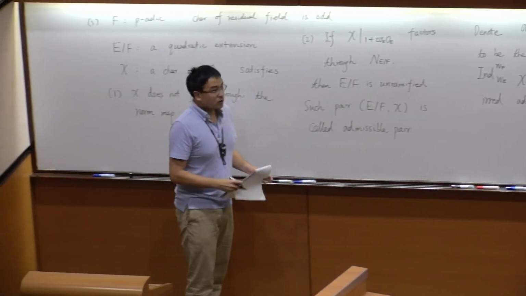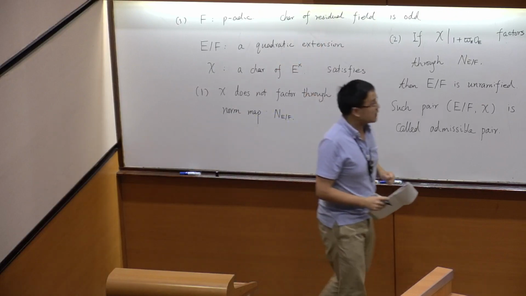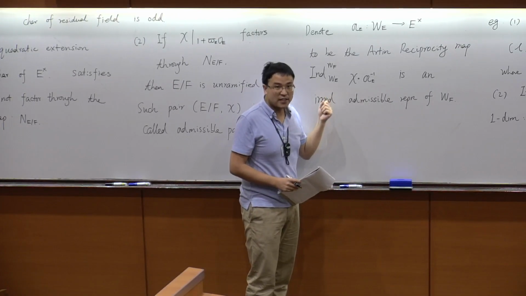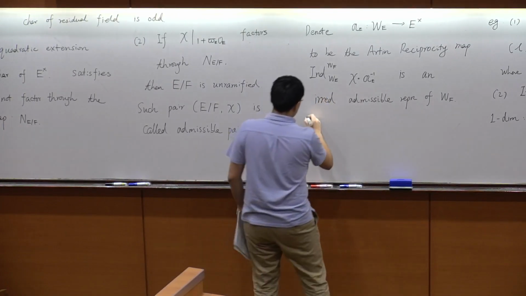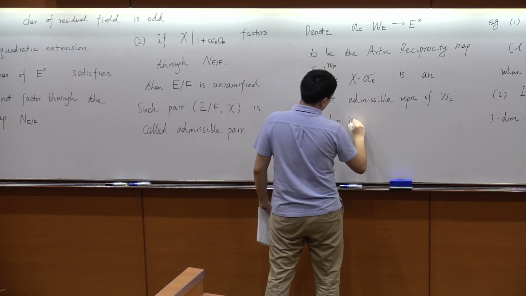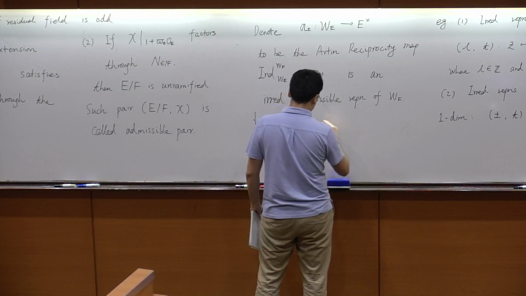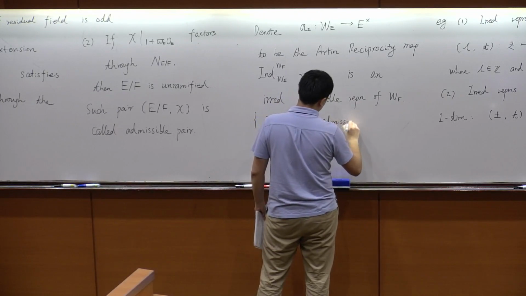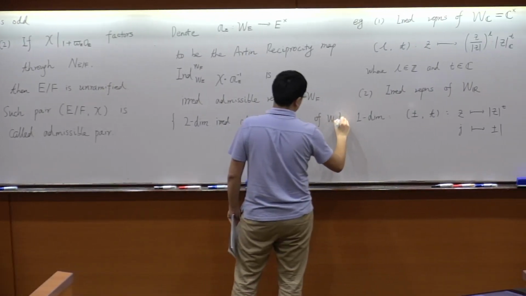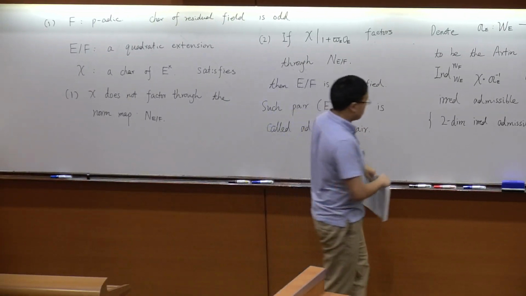Okay. And also, because of the constraints we put on the characters of the residue field, actually all the two-dimensional irreducible representations arise in this way. So in other words, if you look at all the two-dimensional irreducible admissible representations of W_F, this set is in bijection with all these admissible pairs.